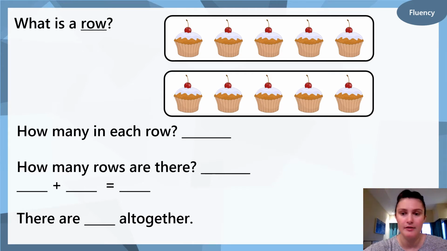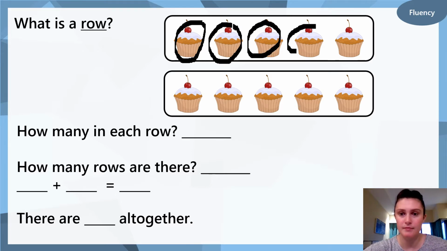Let's count. We have 1, 2, 3, 4, 5. So how many in the row? That's right, 5. Let me write it here.